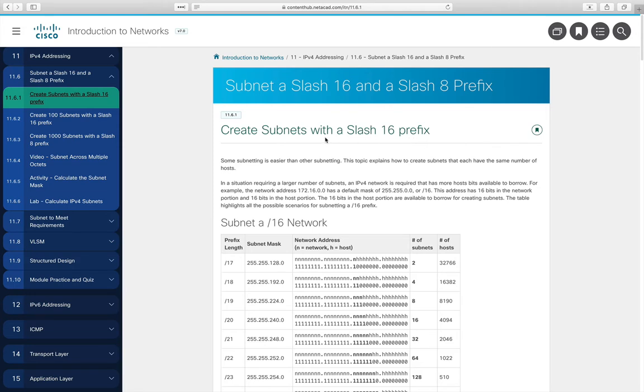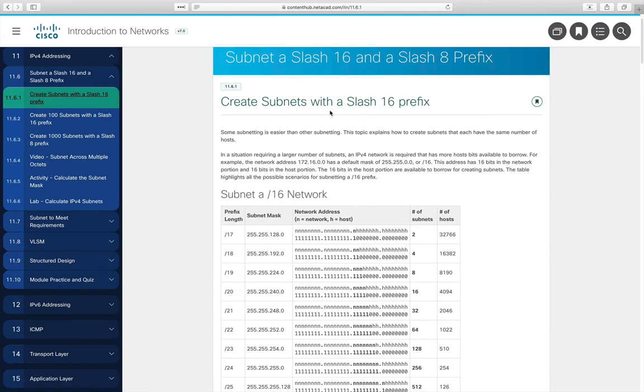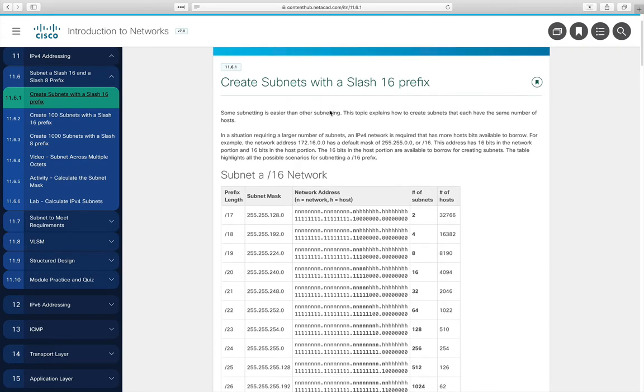I really think the word "from" might be better, because that implies we're given a /16, and then from that we're going to create a number of smaller networks.